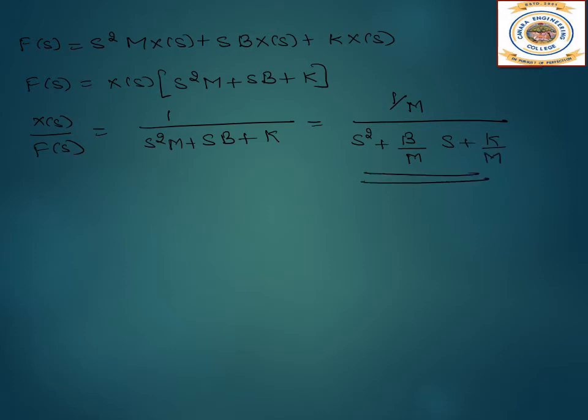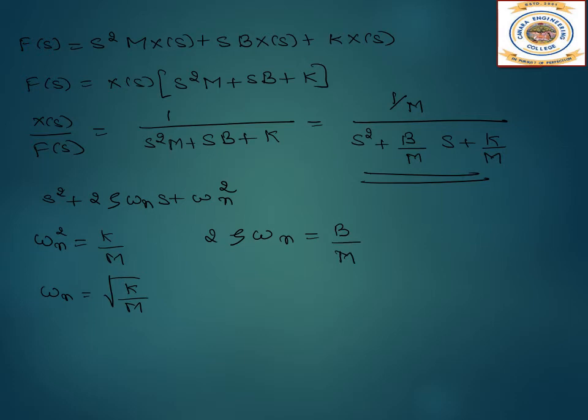What is the next step? We have to compare it to the standard second order transfer function. So I'll just consider the denominator, s square plus 2 zeta omega n s plus omega n square. Comparing, we get omega n square as k by m, so omega n is root k by m. Here 2 zeta omega n is equal to b by m.